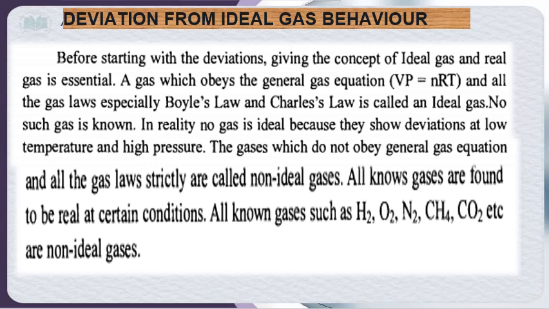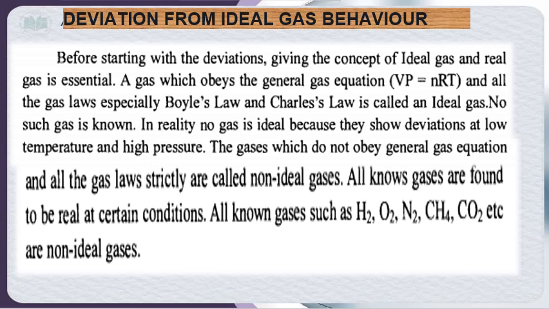So there are certain conditions, two parameters: one is low temperature and the second one is high pressure, at which the gases show deviation from the general ideal gas behavior, right?